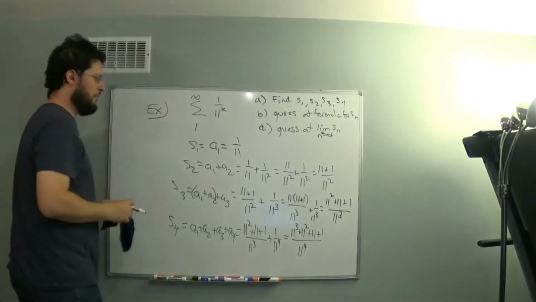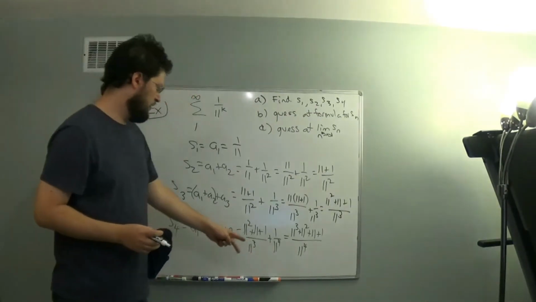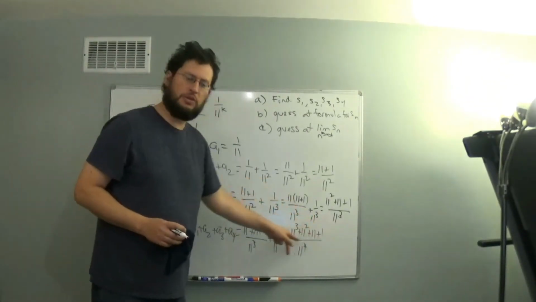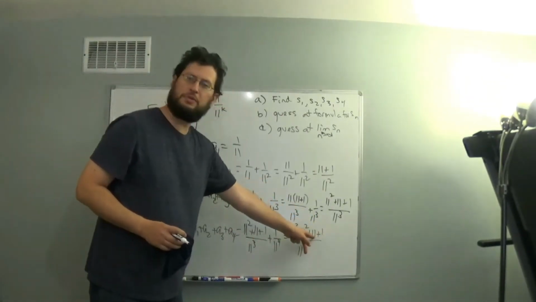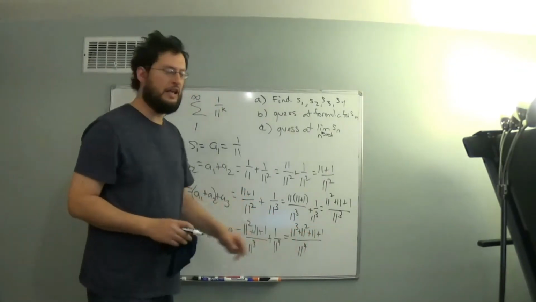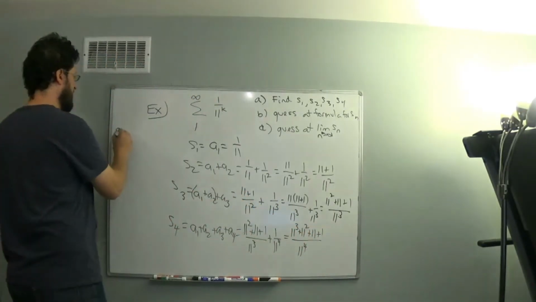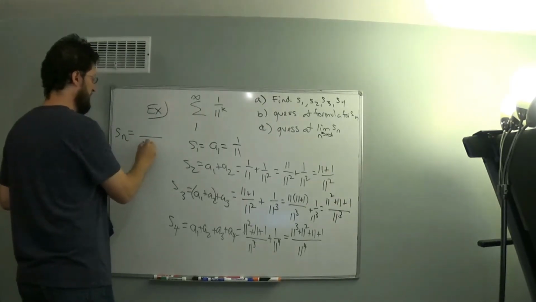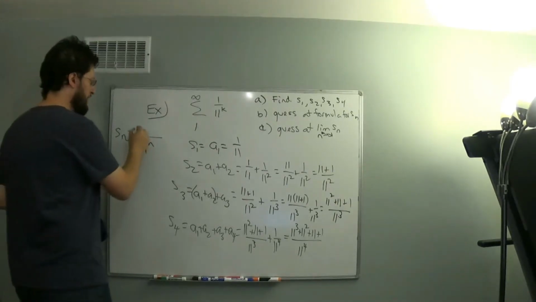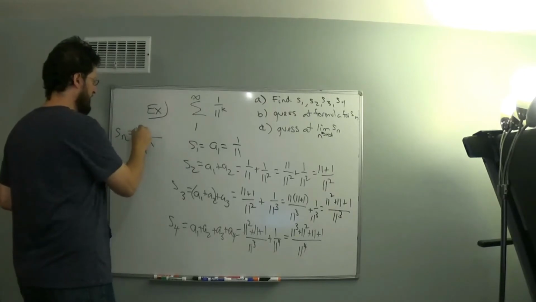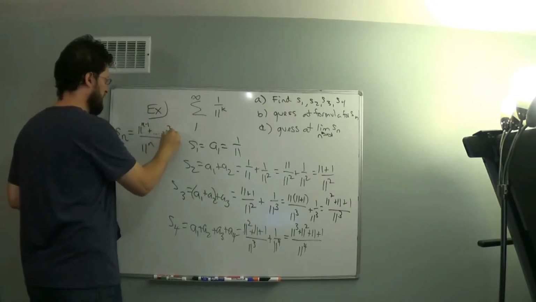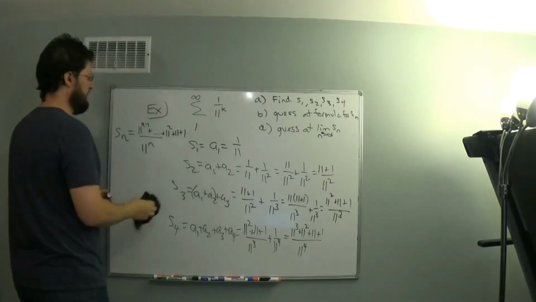Okay, so for part B, what do we have? The denominators will just be 11 to the n. The numerators will essentially be 1 plus 11 plus 11 squared, up to 11 to the n minus 1. So Sn, in terms of a formula, we're going to have 11 to the n here, and 11 to the n minus 1 plus all the way down to 11 squared plus 11 plus 1.